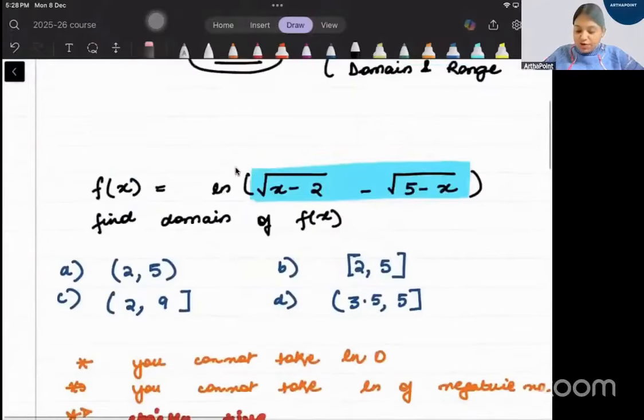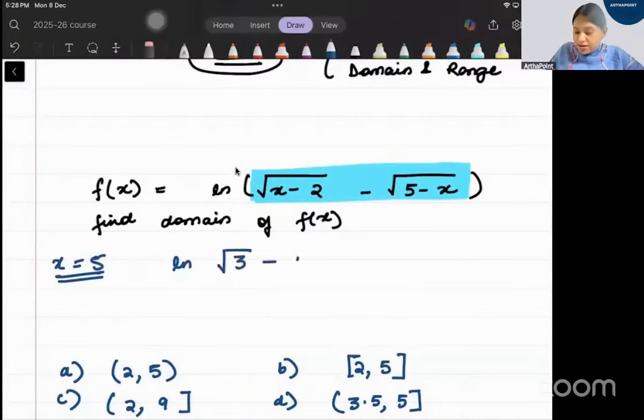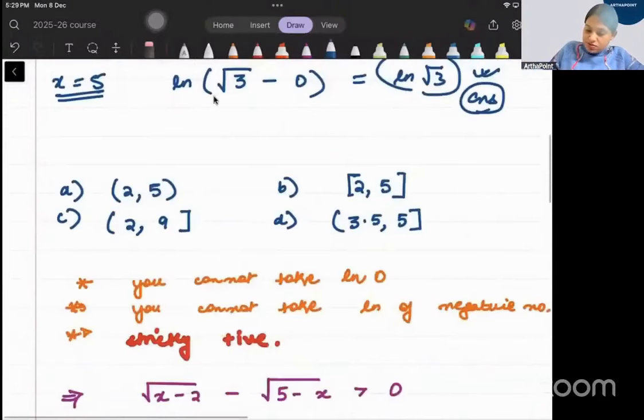But since the actual function is this, when you take x as 5, you get ln of root 3 minus 0, that means ln of root 3. Root 3 is 1.7, so ln of 1.7. You'll get some positive answer, which makes sense. So from the actual function, we realize that yes, 5 can be included. So yes, all of you are correct. The correct answer will be this.